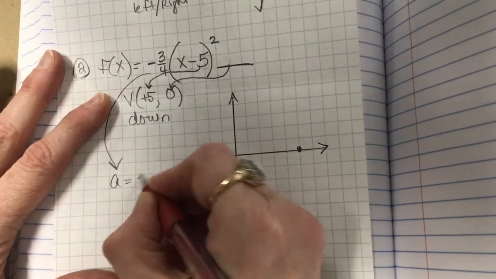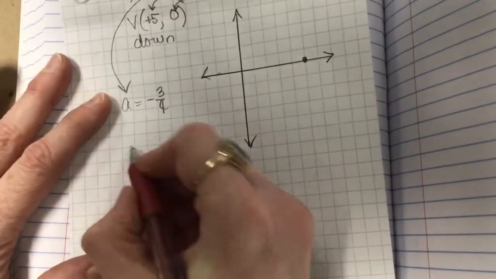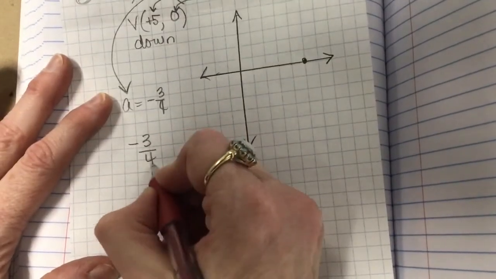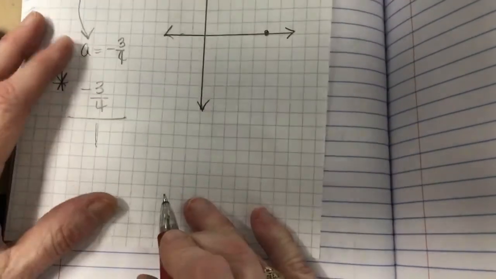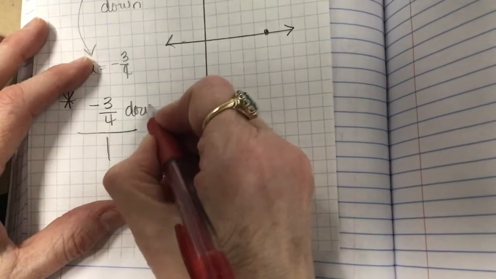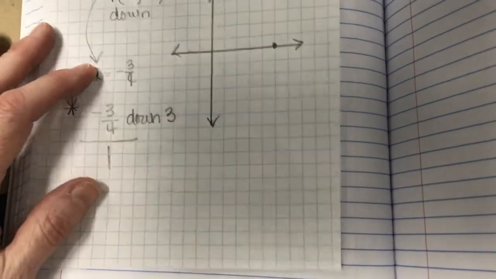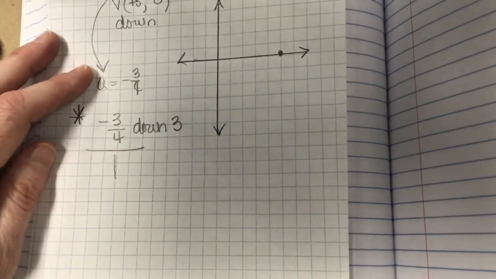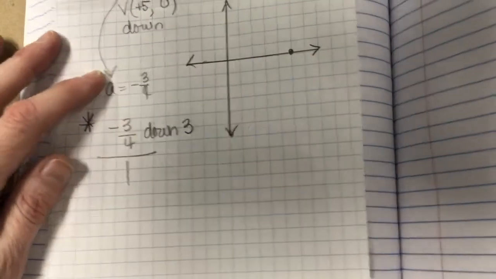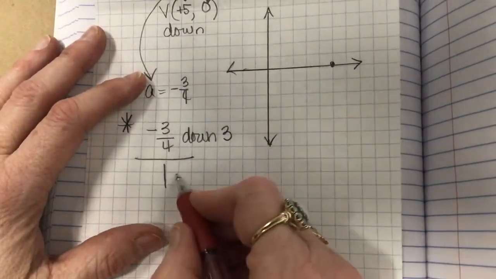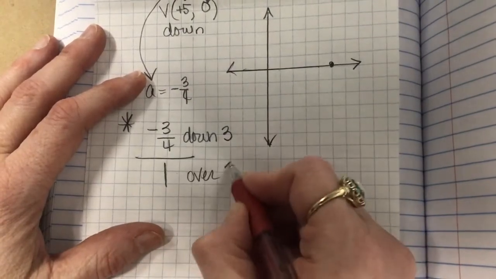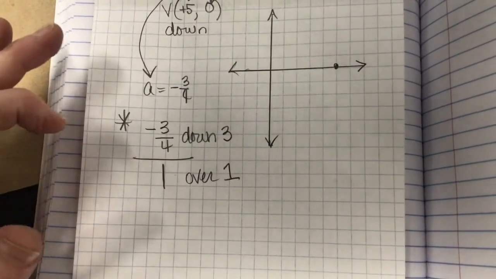A equals -3/4. So you're going to take the -3/4 and put it over 1. You go down 3/4, and I promise you, going down 3 over 4 will not work. We can try it. I'll show you on Friday when we do it on the calculator. It's easier to show you. And then you're going to go over 1 left and right. You've got to do it that way.